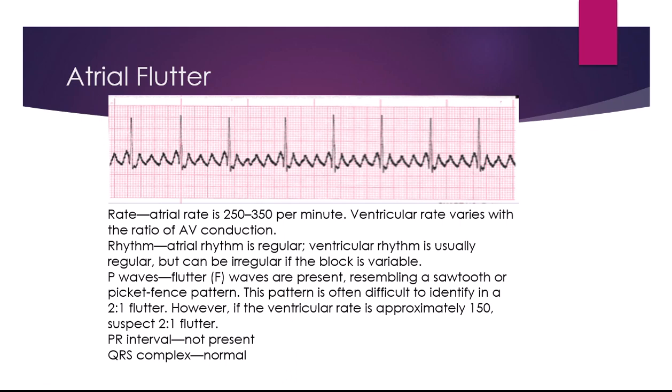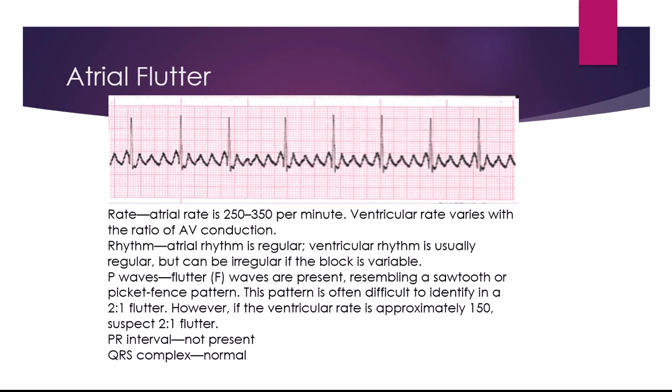These are flutter waves. No longer P waves, but flutter waves, and we describe them with a capital F, much like we see right here. Each one of these is a depolarization of a cell or a number of cells in the atrium. The thing is, they all get blocked with the exception of that one right there, and it's allowed to go through.